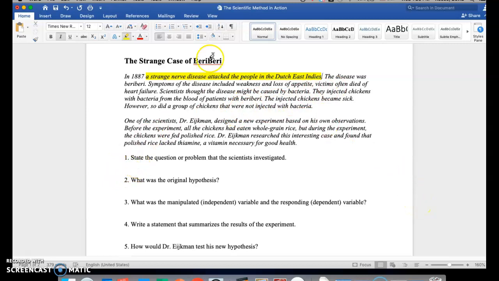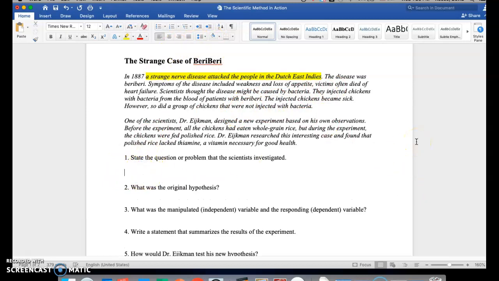So basically what we're trying to find out here is what is causing the disease beriberi. That is basically what they are trying to find out here. Okay, that was their first question.